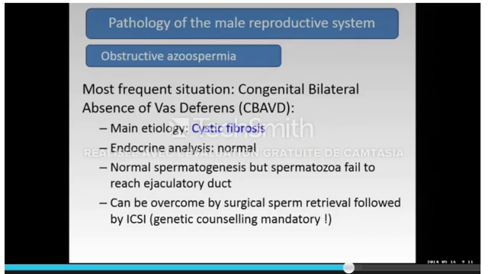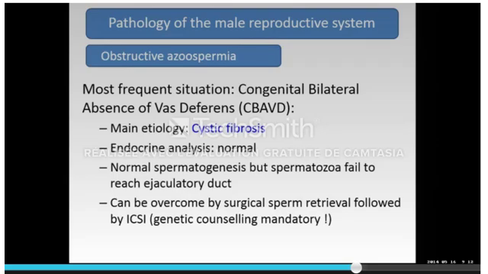Okay, a few words about pathology of male reproductive system. First of them is obstructive azoospermia, and the most frequent situation is the congenital bilateral absence of vas deferens, known as CBAVD. Okay, so maybe you will remember this slide about anatomy. You have the ductus, the vas deferens between the epididymis and the prostate and seminal glands. And when there is no vas deferens for any reason, of course, there is no spermatozoa in the ejaculate.